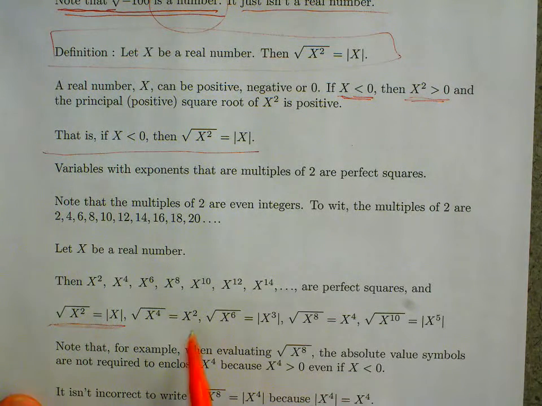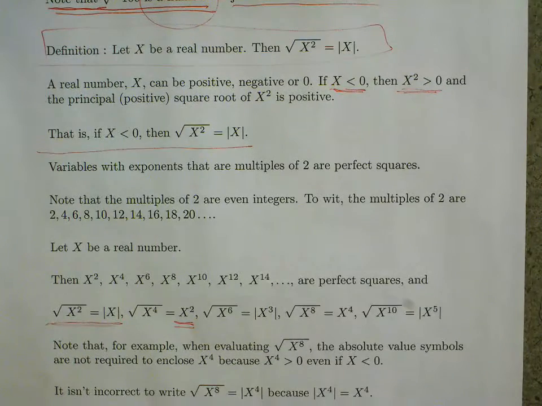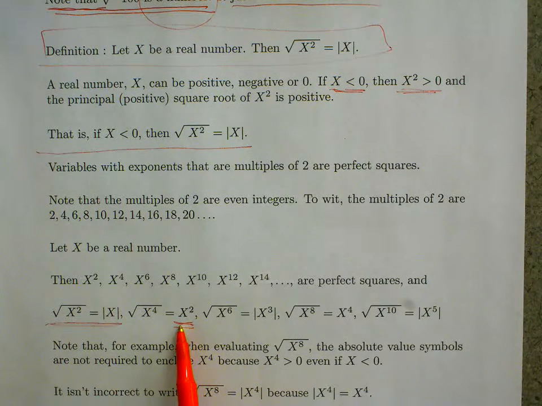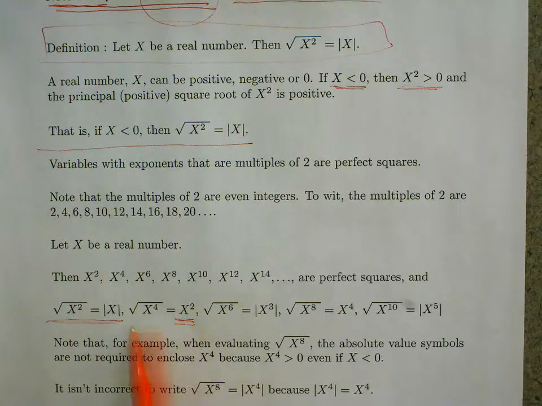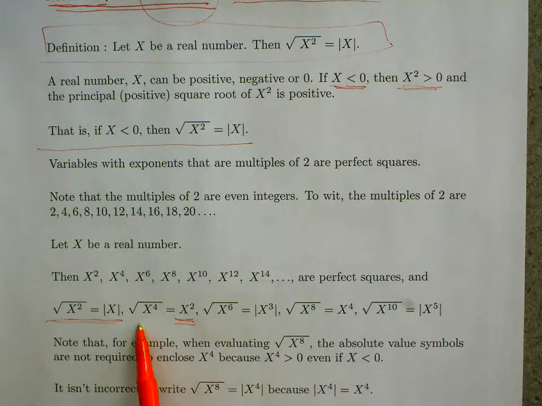Notice that on this one, I'm not using absolute value symbols around x squared. So why aren't they there? If x itself is negative, x squared is positive. So we don't need the absolute value symbols in this case. But for this one, we do.